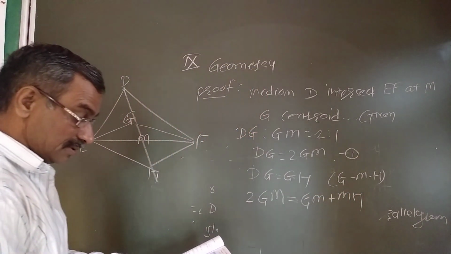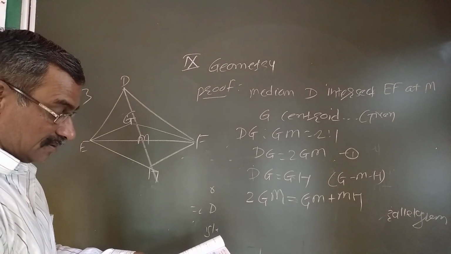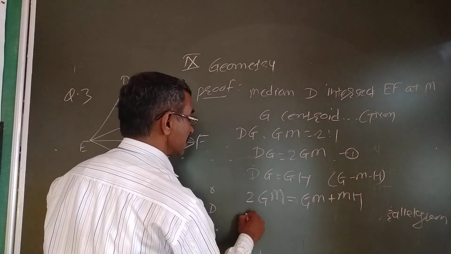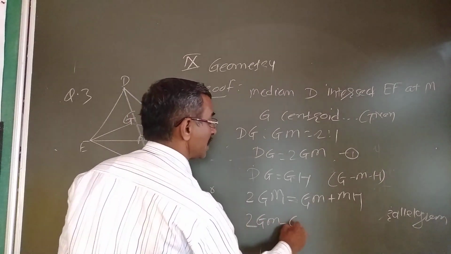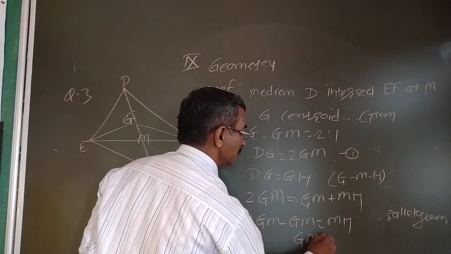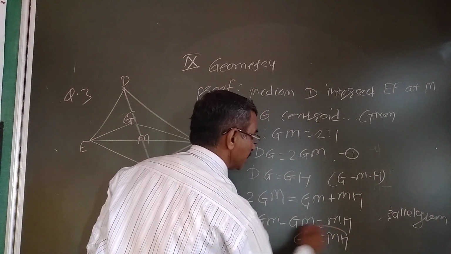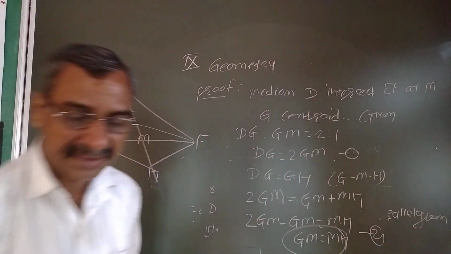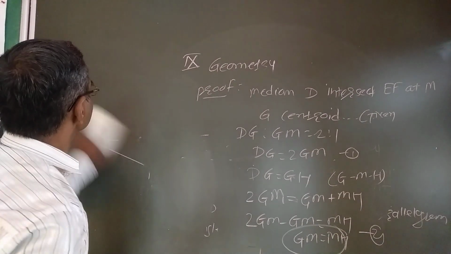Then by transferring GM to one side, we get GM is equal to MH. This is equation number 2.